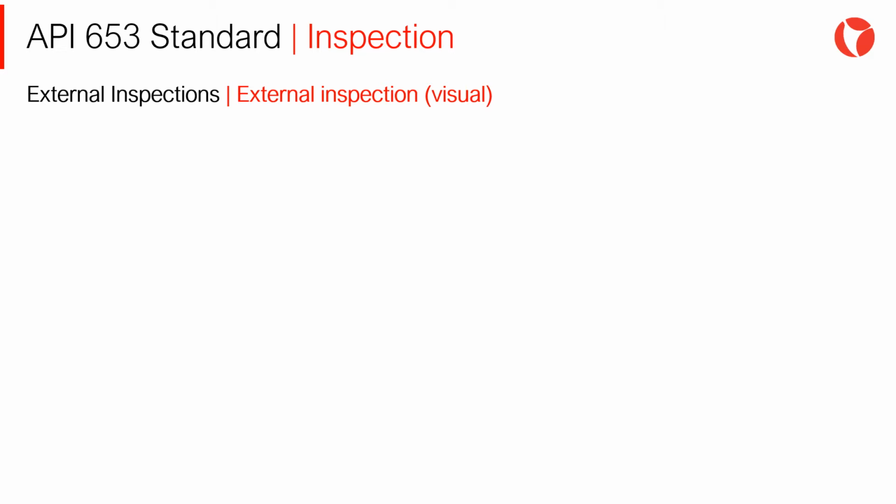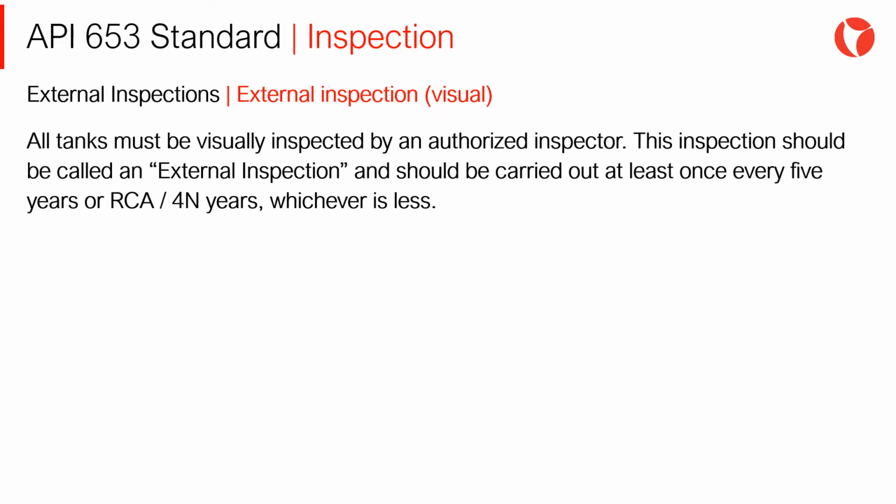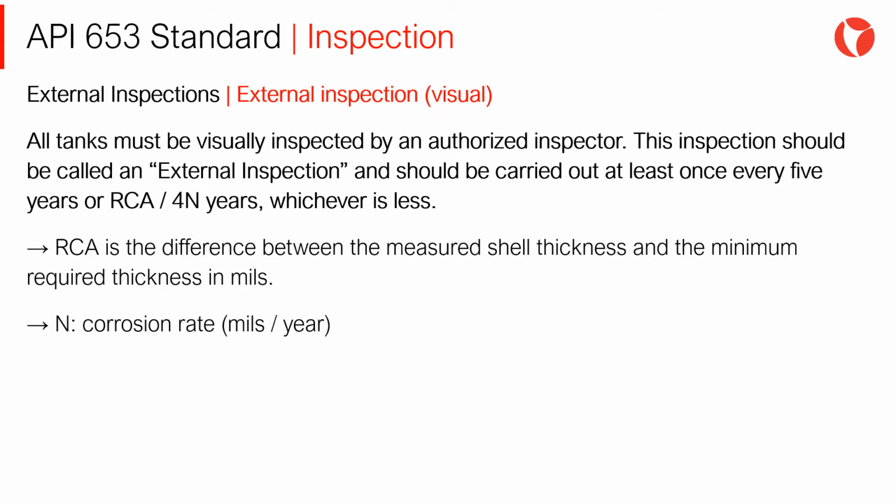Another type of external inspection is the visual external inspection. All tanks must be visually inspected by an authorized inspector. This inspection should be called external inspection and should be carried out at least once every 5 years, or RCA divided by 4N in years, whichever is less, where RCA is the difference between the measured shell thickness and the minimum required shell thickness in mils, and N is the corrosion rate in mils per year.